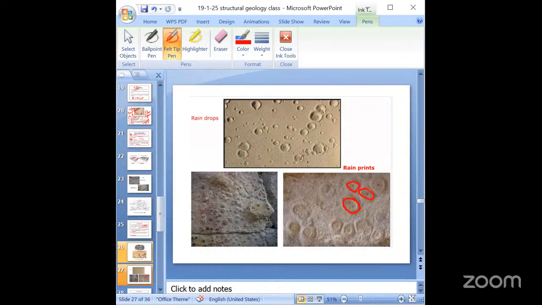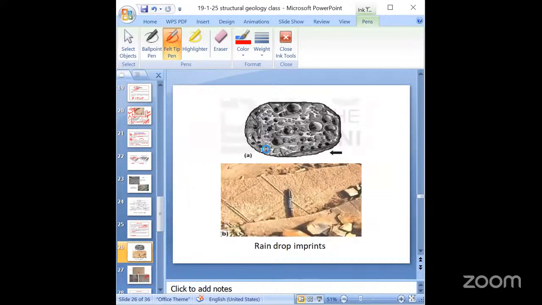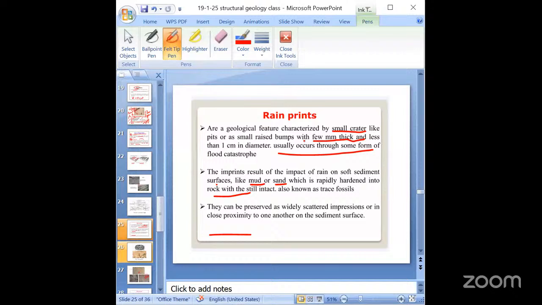Observe the size, it is small here. This is the small size. That's why you see the thickness here: a few millimeters thickness and less than 1 centimeter in diameter.